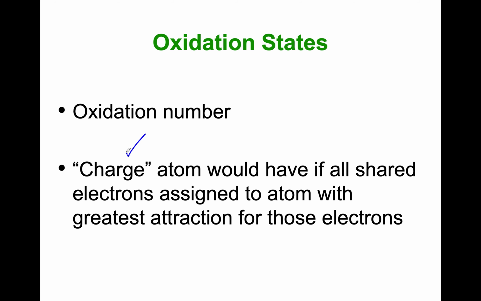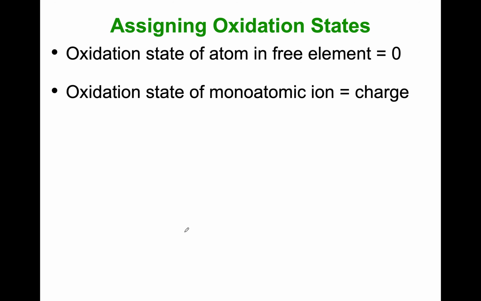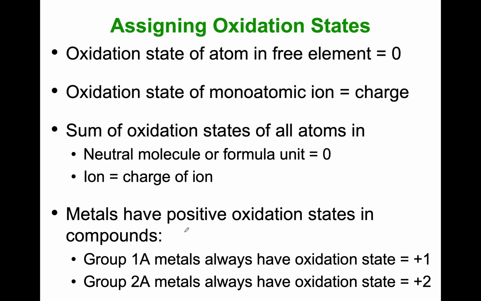Okay, this is a fictitious number like formal charge. It just helps us. That's called oxidation number or state. And it's saying, what if we had all the shared electrons assigned to the one atom with the greatest attraction for those electrons? So the rules, I'll have them listed here, but again, the examples I showed you were elements going to an ionic compound and elements going to a simple covalent compound.